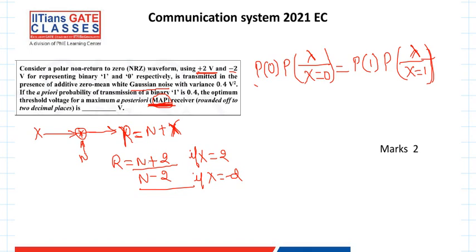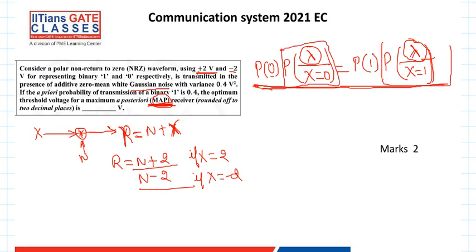We just have to equate these two. There is a derivation behind this, and if you open any textbook, you will find it there. If you make this equal to this, you will be able to find the lambda, which is the optimum threshold. But in this problem, we need to find out what this expression is, and what this expression is.